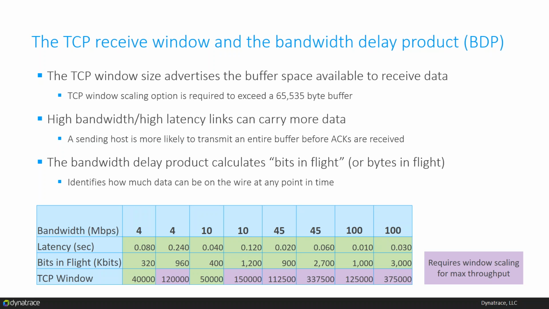The ones that are highlighted in the light purple are TCP window sizes that exceed that 64K boundary, right? So those are the ones that would require the TCP window scaling option to be active if we want to avoid the TCP receive window performance constraint.